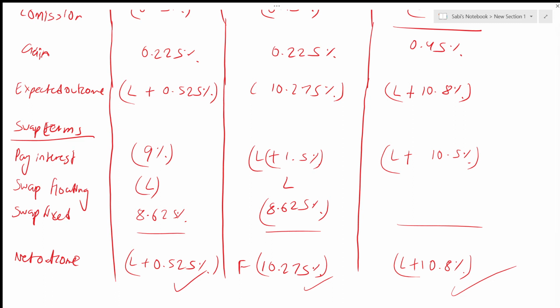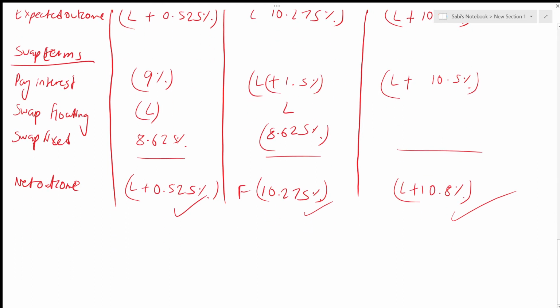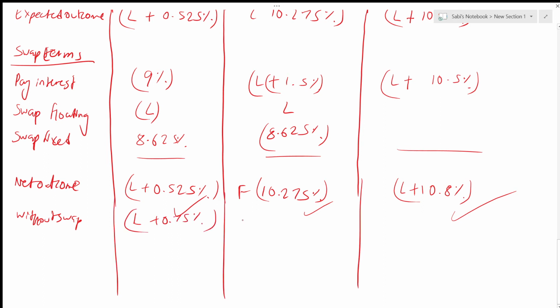If you want to check further, if you want to take the gain and check, that also I can show you. Let's take without swap. Without swap, what was my position? L plus 0.75, L plus, no, this is not L plus, it was 10.5%.